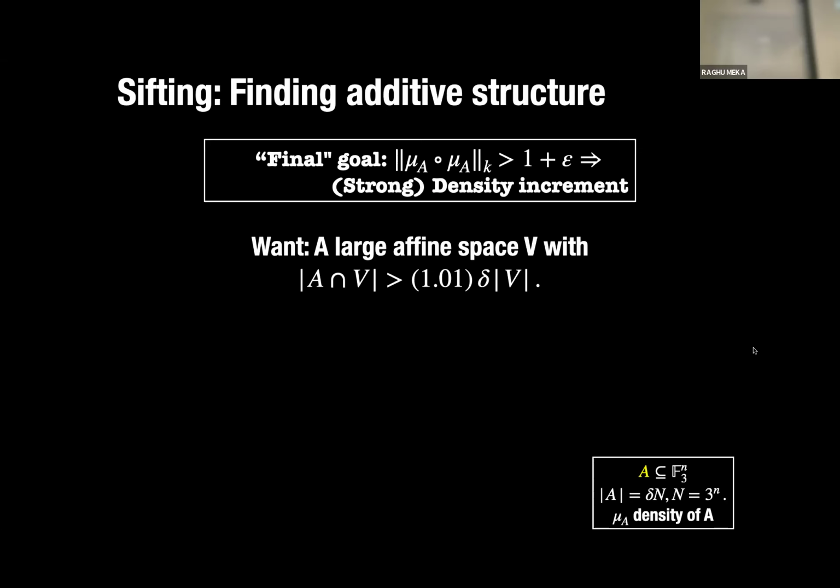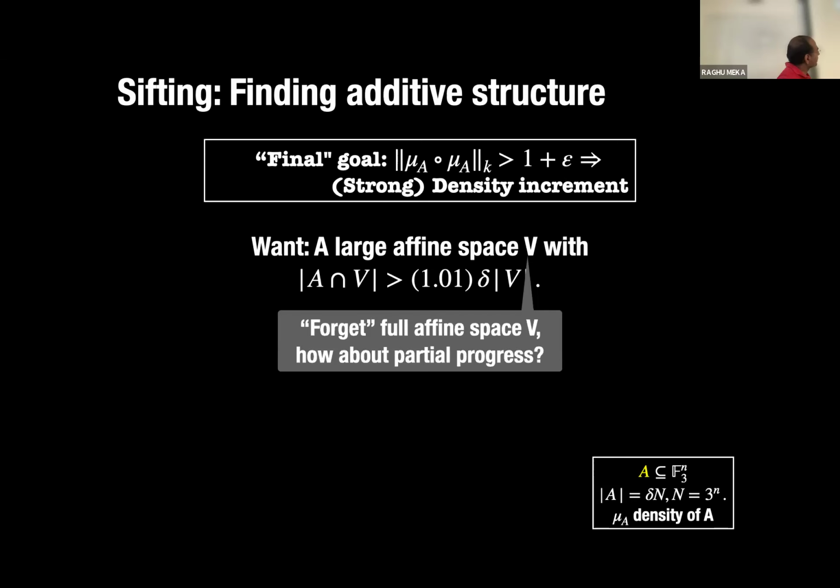We started with saying mu_A minus 1 is bigger, but now we took the minus 1 out, which intuitively means that there are many elements which have higher probability than they should, and we want to find some structure within these elements.